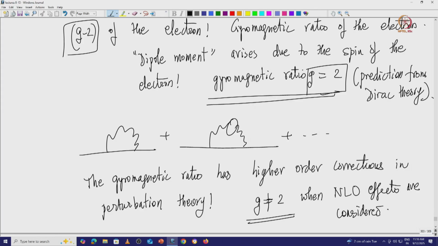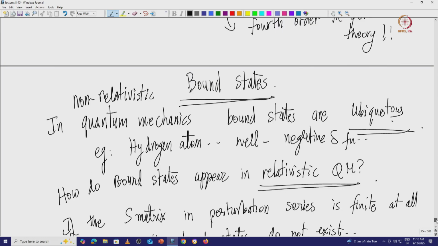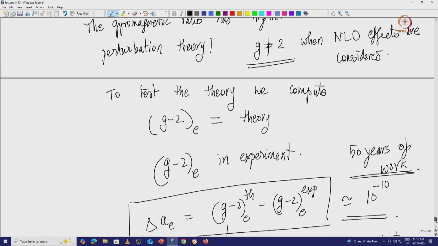So what you look for is the difference between g and 2, which you call a. The a is the difference of the gyromagnetic ratio purely from higher order effects.